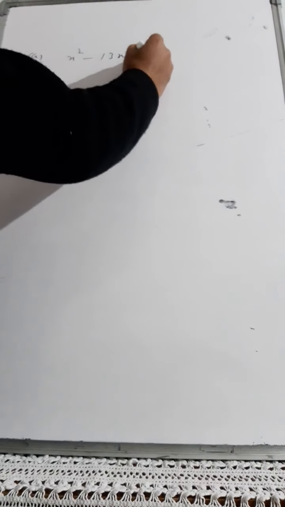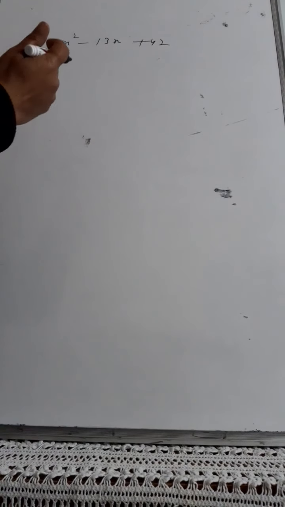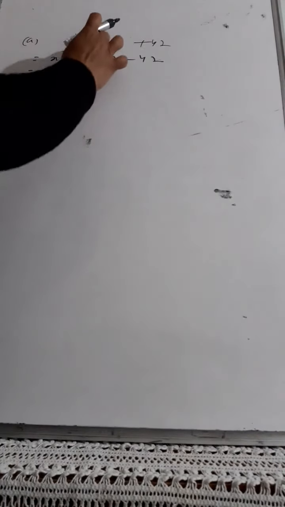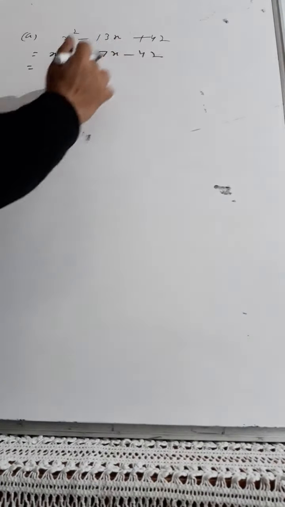First part was x square minus 13x plus 42. Now procedure already I have explained to you. In 13x and 42, the numbers are 6 and 7. So x square minus 6x minus 7x plus 42, because 6 plus 7 is 13, and 6 into 7 is plus 42.